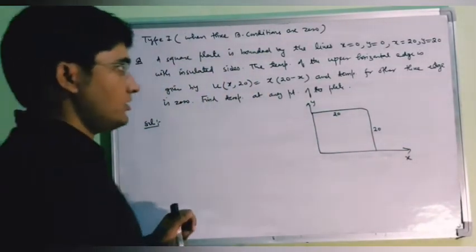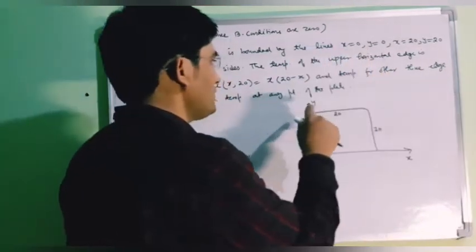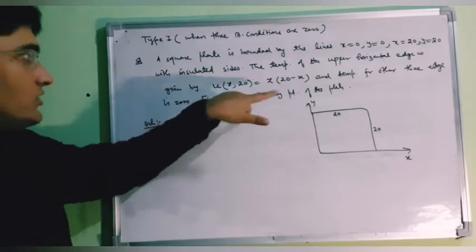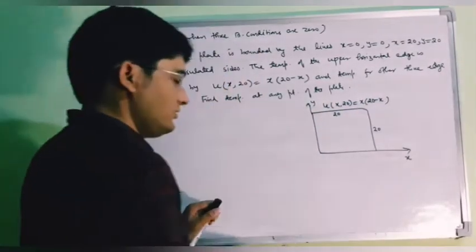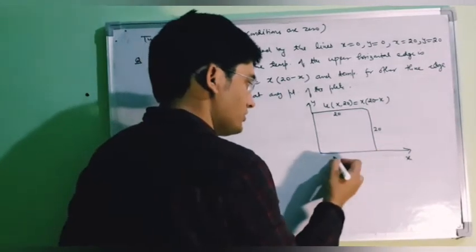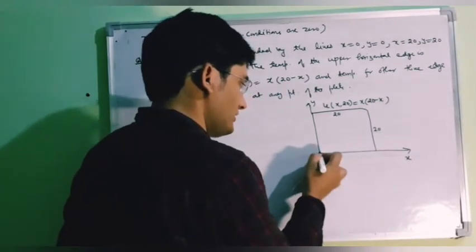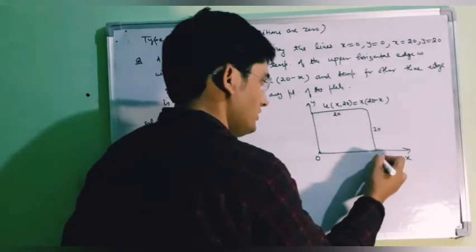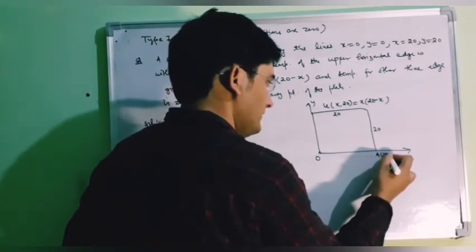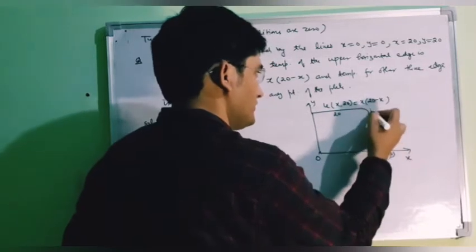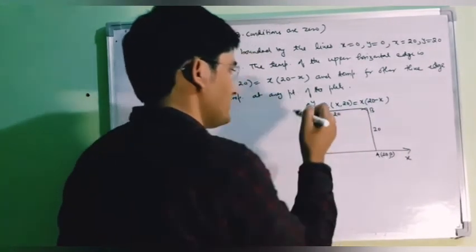So now the temperature for the upper horizontal edge is non-zero and that is equal to x into 20 minus x. So the temperature for this side is x into 20 minus x, and here you can see that your y will be 0. So at this point, this is your say origin, and here your x will be 20 and your y will be 0. So this is your point B and this is your point C.